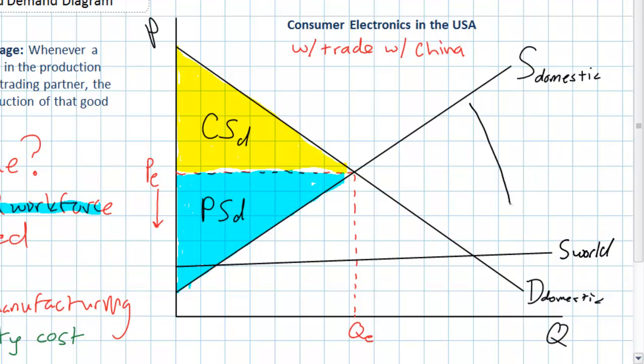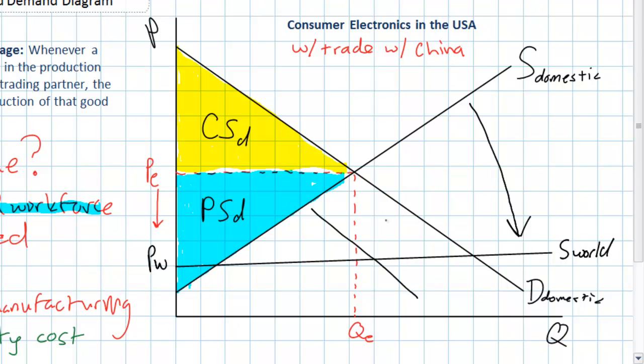Notice that supply has increased and become more elastic, indicating that the United States consumers of electronics are not going to affect the price of electronics should their demand fall or rise. Notice that if the demand for electronics were to shift to the left, the world price of electronics, PW, barely changes.